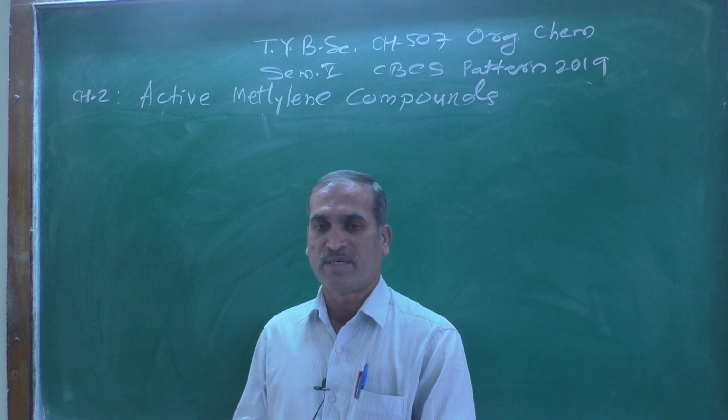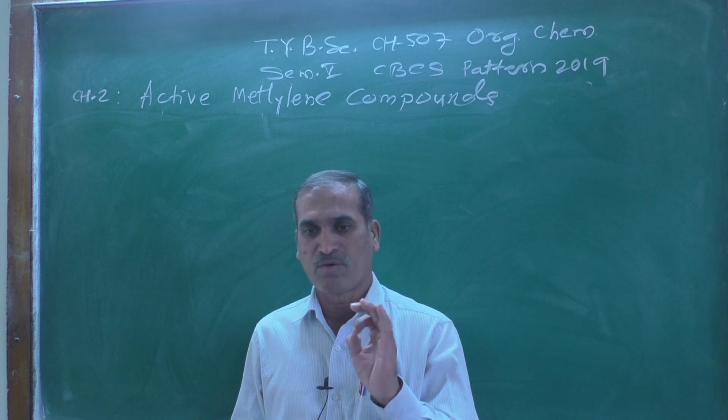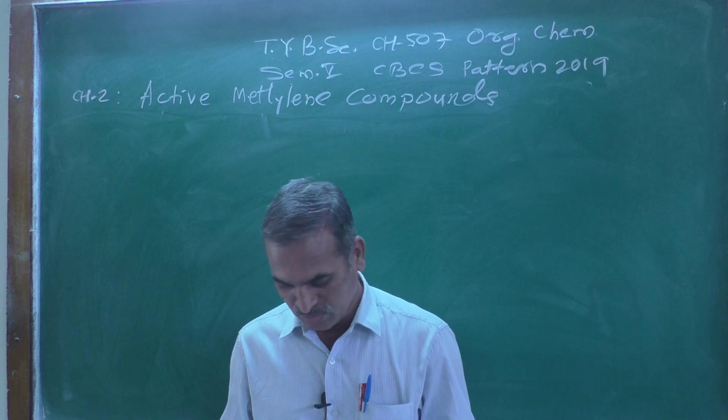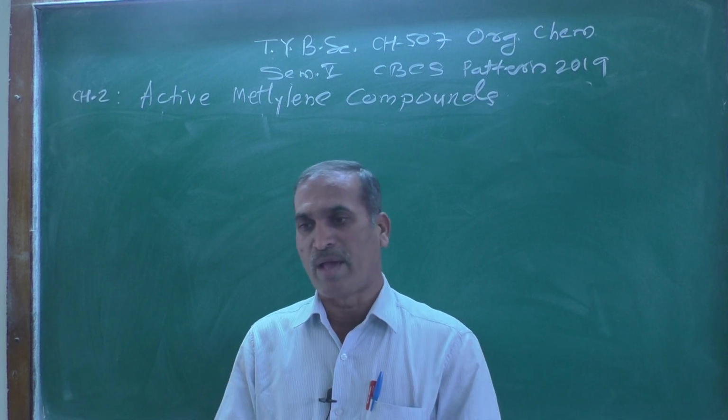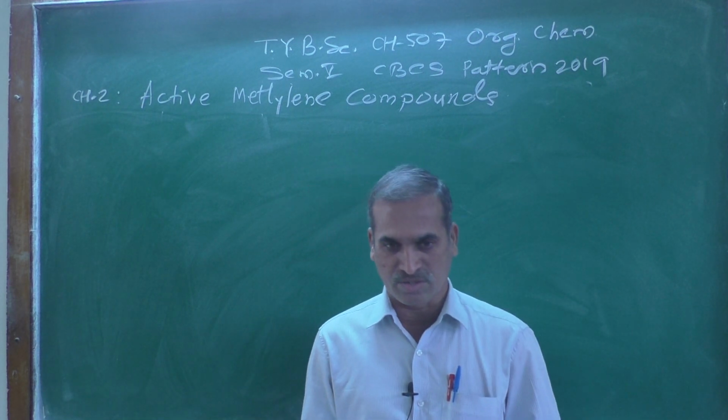The name of the second active methylene compound is DEM. DEM means diethyl malonate, or malonic ester.